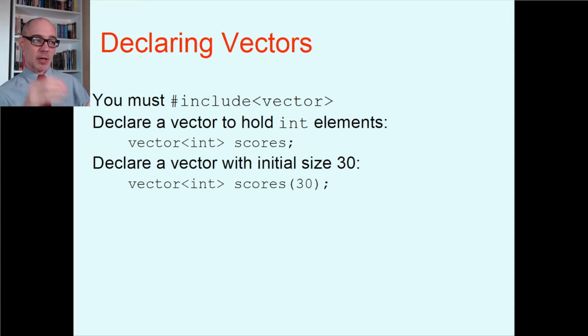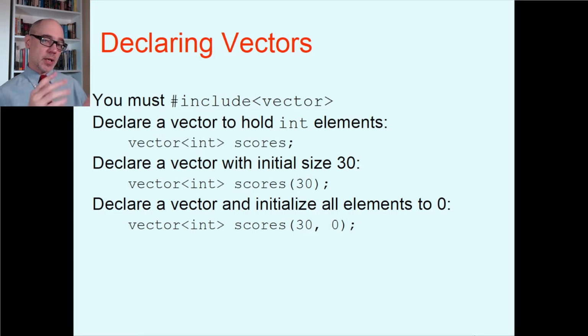If you add some stuff to the vector later, you can go past 30 and it will just resize itself and make itself size 100 if it needs to, or size 200. So you're not limited to this, but to begin with, it might be efficient to say, I'm probably going to need around 30 things because I've got 30 students in a normal class of mine. So let's start with that amount of memory, and if I need more memory later, that'll just happen automatically.